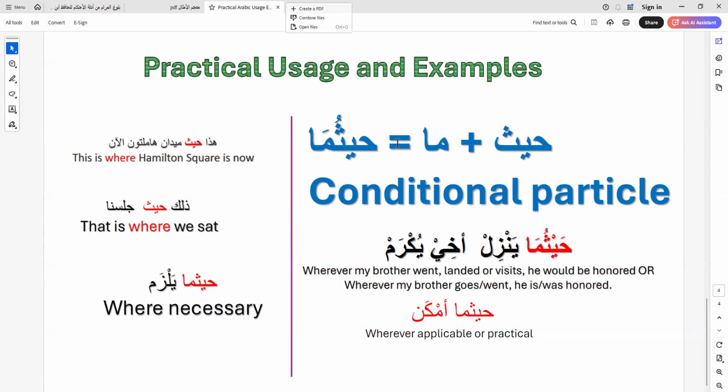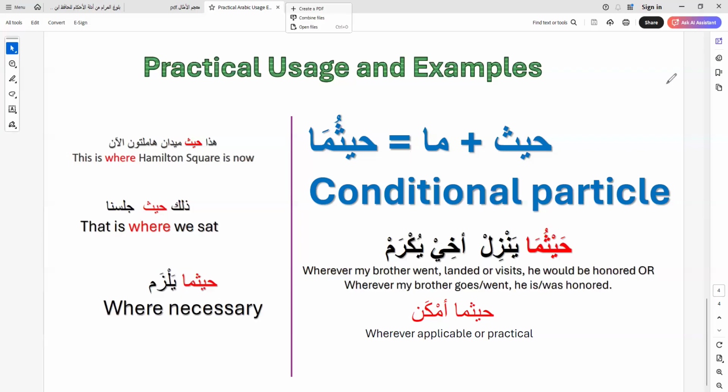And sometimes we can have حيث combined with ما. حيث plus ما, we get حيثما. In this situation, حيث becomes a conditional particle with ما. And being a conditional particle, it has the power to make the end of the fi'l al-mudari majzoom, with a sukun at the end. حيثما ينزل أخي يكرم.